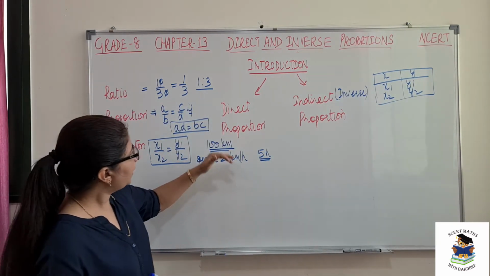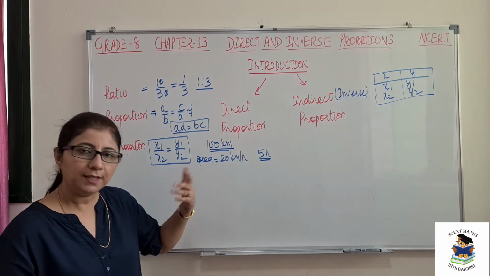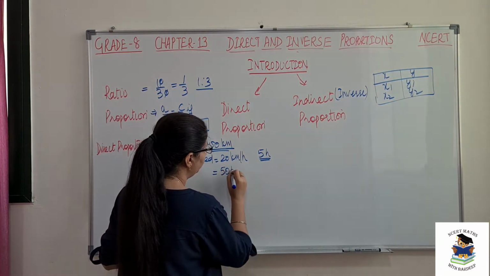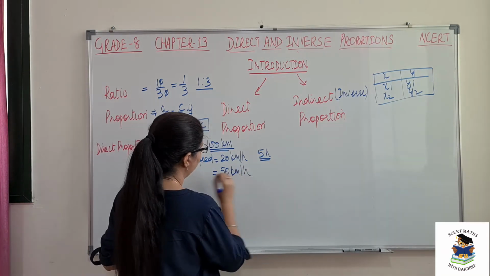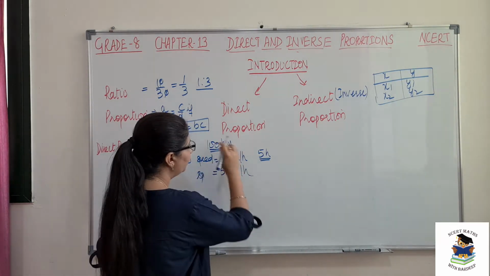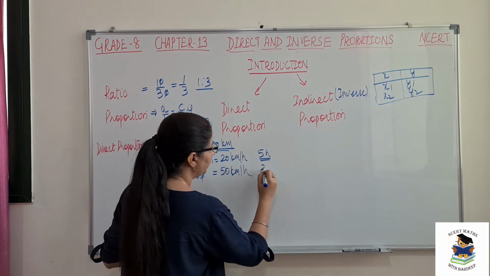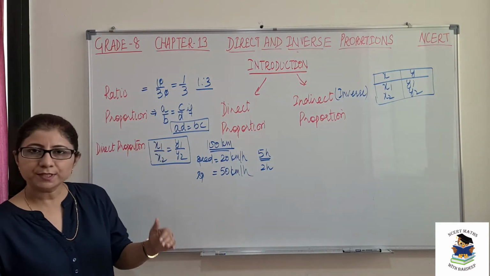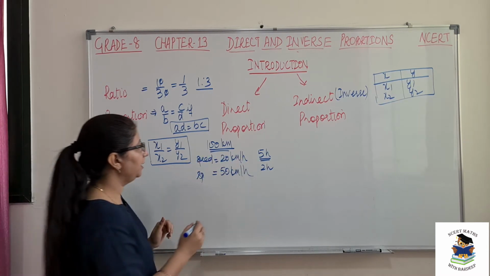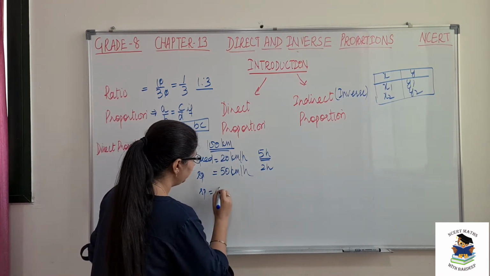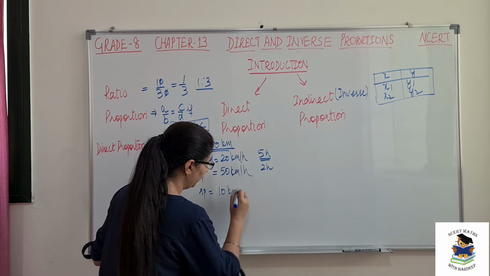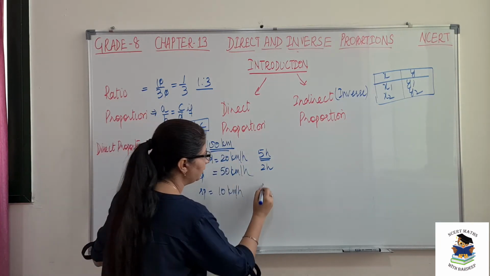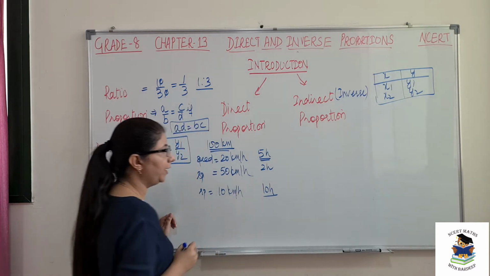If I increase the speed to 50 kilometers per hour, then what is the time? 100 by 50, that means 2 hours. If I reduce the speed from 20 to 10 kilometers per hour, then 100 by 10, that means 10 hours is required.